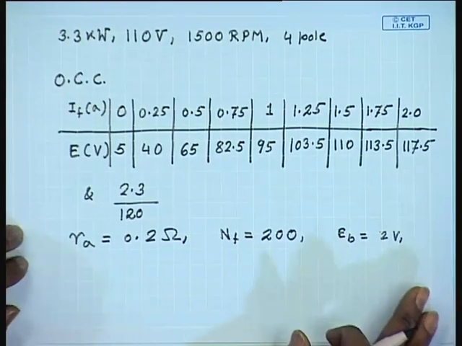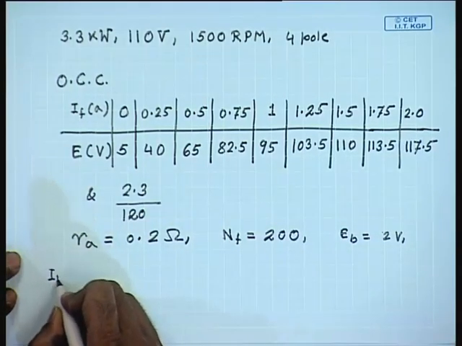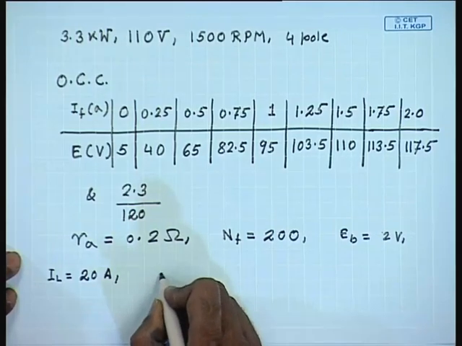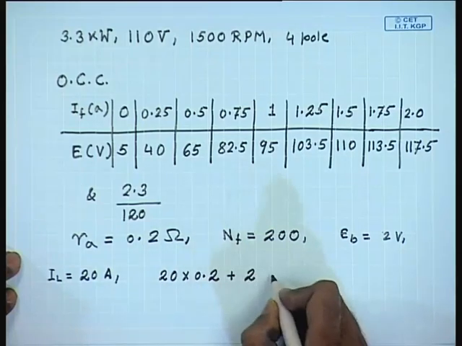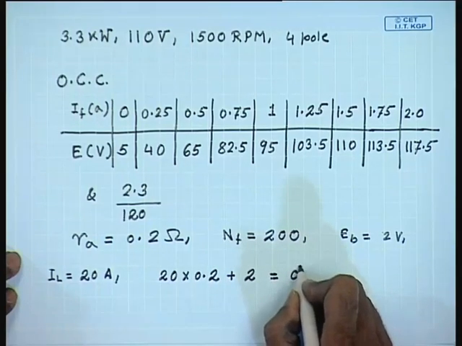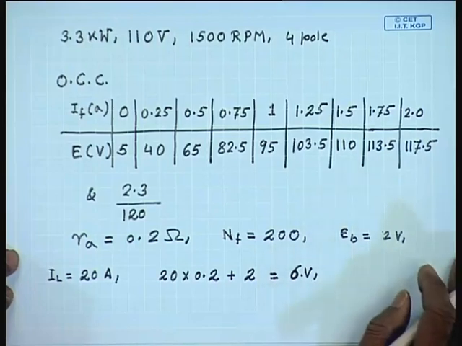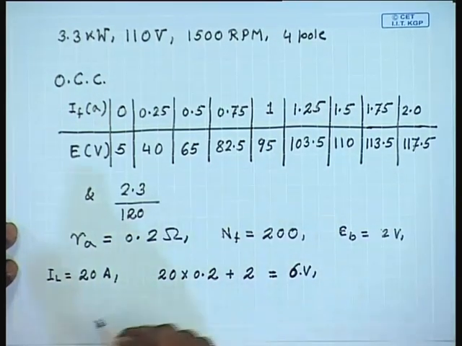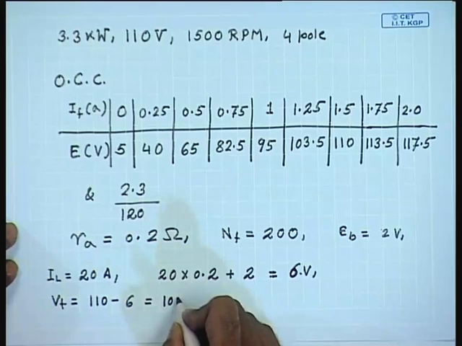If we neglect armature reaction, then let us say some load current IL equal to 20 amperes, the total armature circuit drop would have been 20 into 0.2 plus brush contact of 2 volts equal to 6 volts, and if the field current is adjusted so that at no load the terminal voltage is 110 volt, then at 20 ampere IL, Vt would have been 110 minus 6 equal to 104 volts.